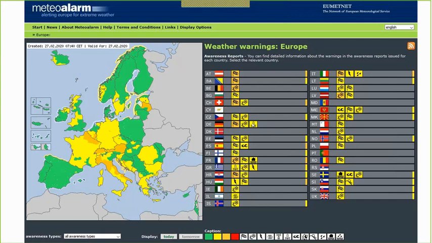Flooding has been a problem here in Finland, which is quite exceptional considering the wintertime. It's usually a problem only in springtime, but at the moment there are also flooding warnings in the middle parts of European countries.